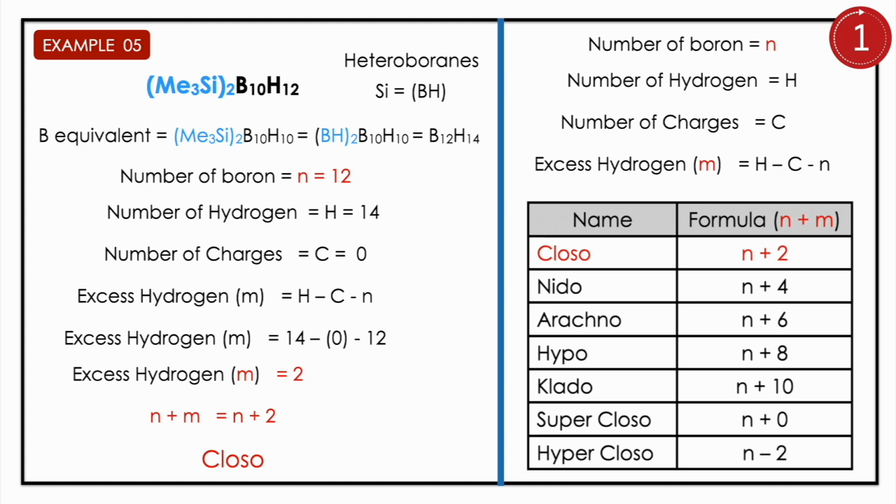So excess of hydrogen M gives 2. It is an N plus 2 system. If you look at the table, N plus 2 is Closo structure. So according to Wade's rule, (Me3Si)2B10H10 has Closo structure.